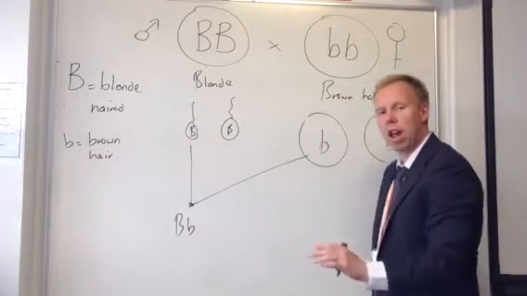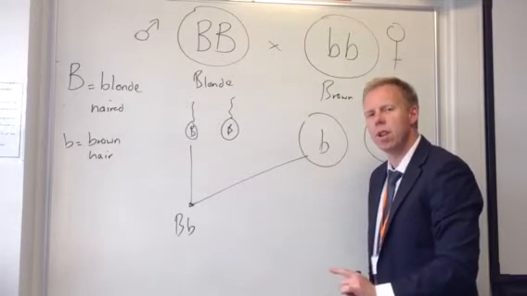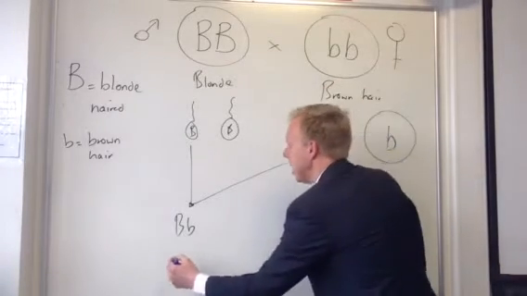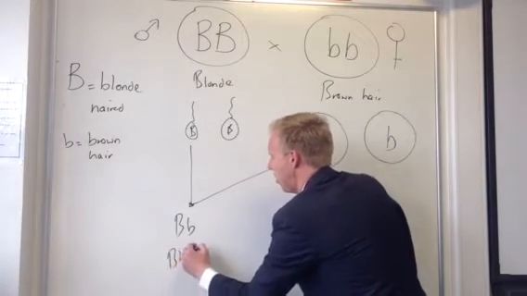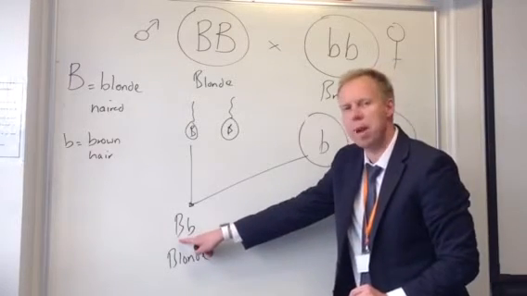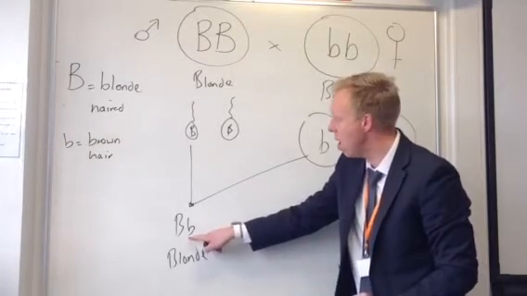And this will look like, phenotype is another word for that, how the genes express themselves. So this will look like an individual with blonde hair. Why? Because the big B is dominant and therefore expresses itself over the little b.